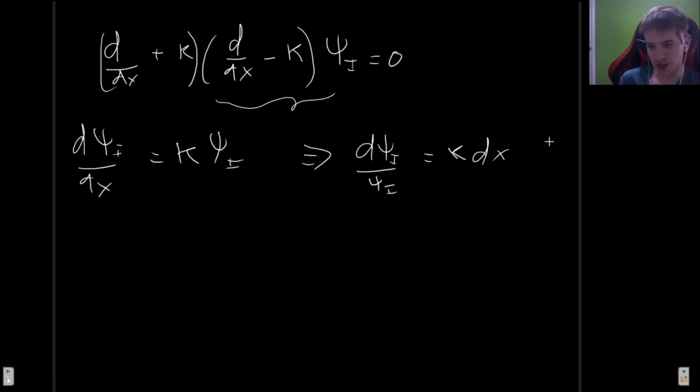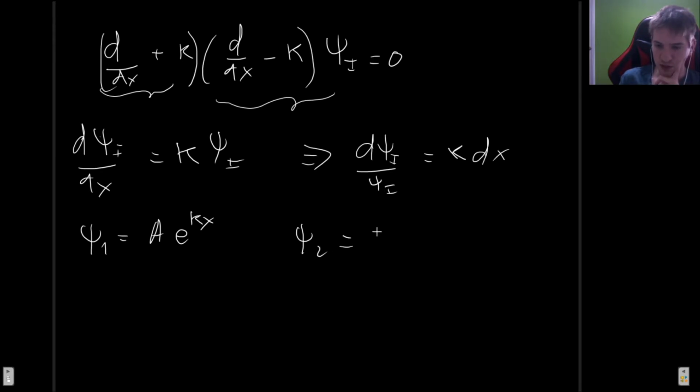So here we just integrate and then we apply the exponential. So we see that psi 1 is going to be some constant times e to the kx. And similarly, when we solve this, it's basically the same but with a different sign. So we're going to get that psi 2 is going to be equal to b e to the minus kx. So those are our two possible solutions.